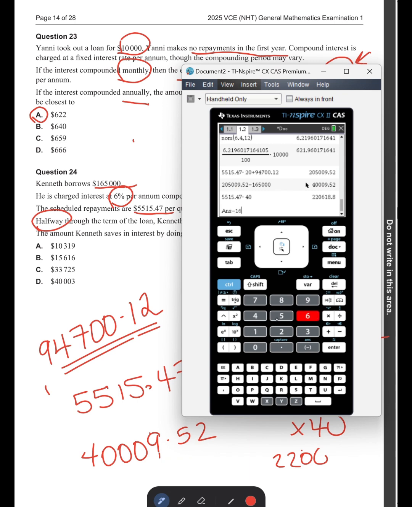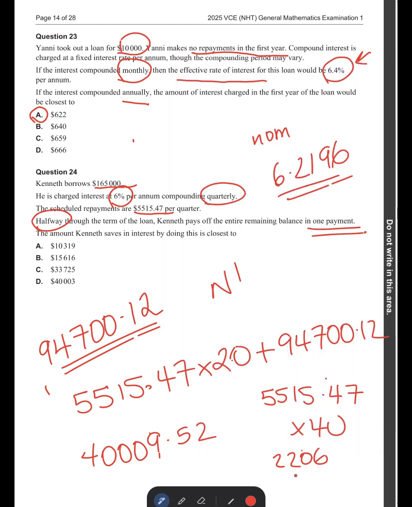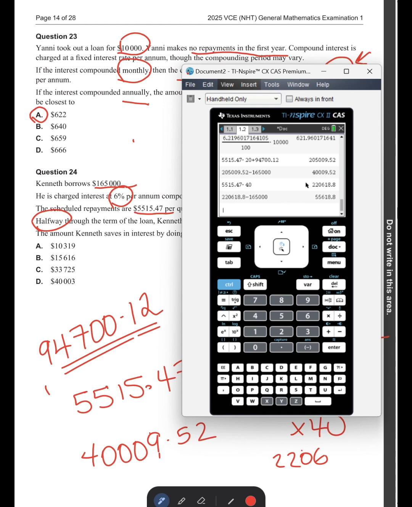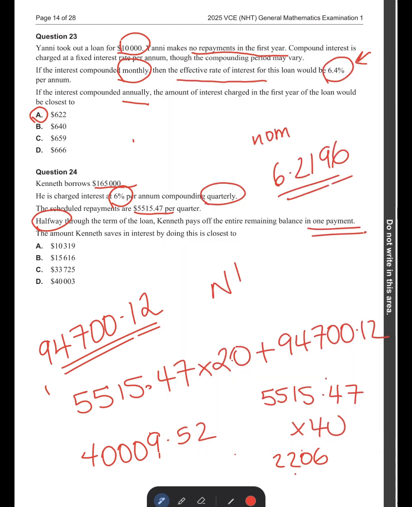I can just then take away the 165,000 that he borrowed. So 55,618.80. Now, just a note that that doesn't include a final payment, but these values are all quite different, so it'll be fairly easy now to see which one it's going to be.